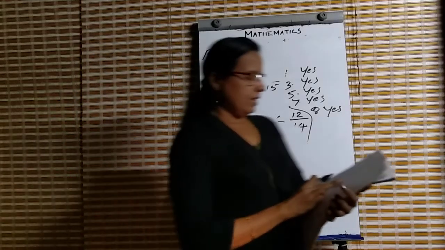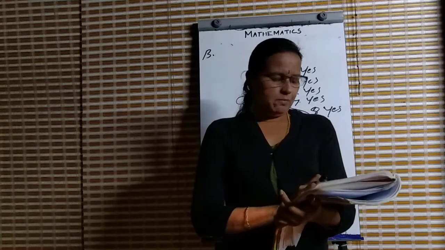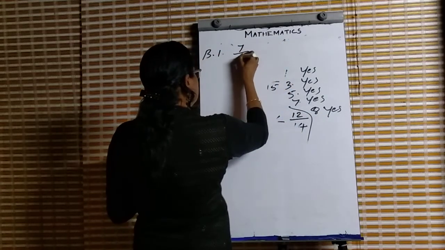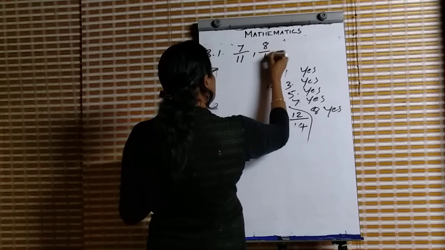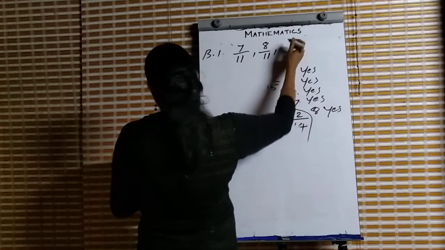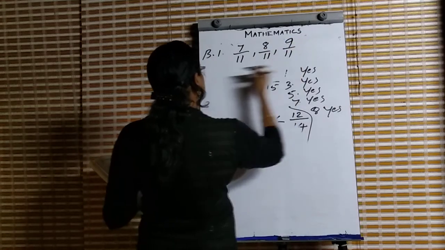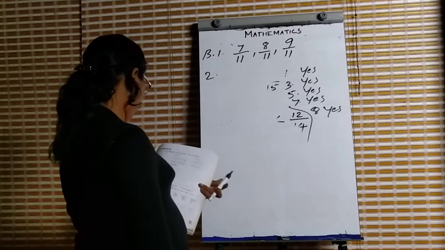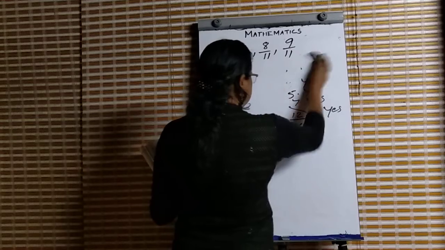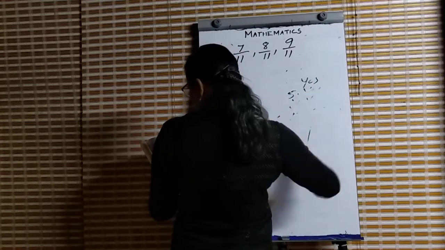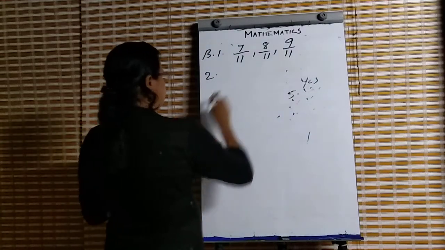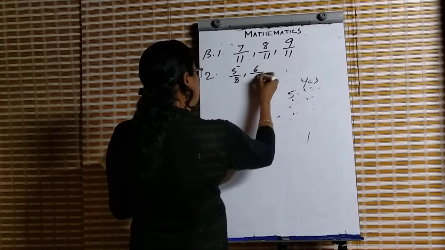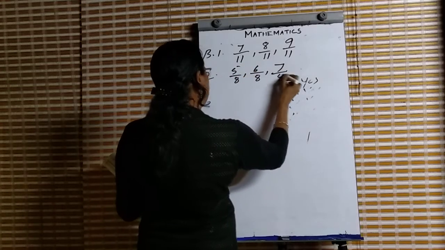Write 3 more like fractions. 2 by 11, 5 by 11, 6 by 11. As you like: 7 by 11, 8 by 11, 9 by 11. 3 more. Then question number 2. 1 by 8, 3 by 8, 4 by 8, 5 by 8, 6 by 8, 7 by 8.